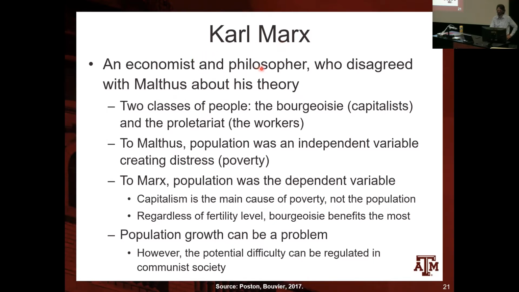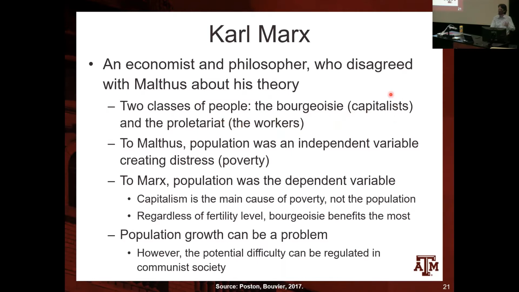He was an economist and philosopher who disagreed with Malthus about this theory. Here, like I did with Emile Durkheim, I'm focused on Marx's contribution about exactly this debate in relation to population size and poverty and so on. His main theory is that society is divided into two main social classes of people: the capitalists, the bourgeoisie on one side, and the workers, the proletariat on the other side.